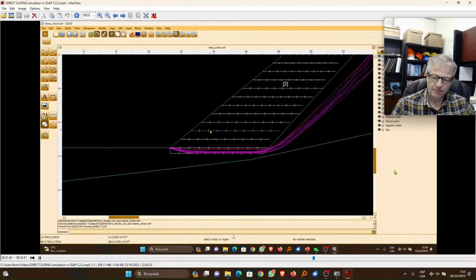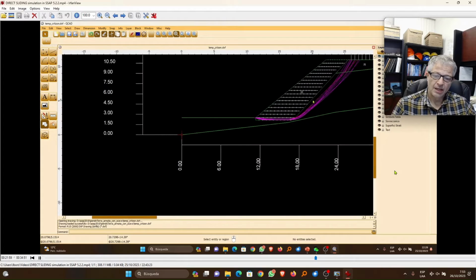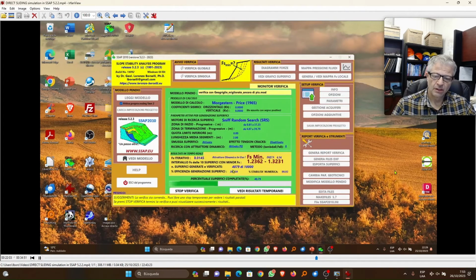But at the moment, the lowest safety factor is oriented more or less at the bottom, where there also exists the higher stress with respect to the wall, the slope.